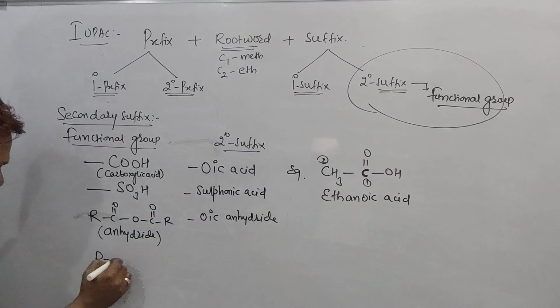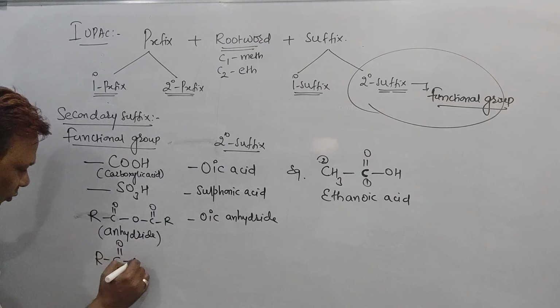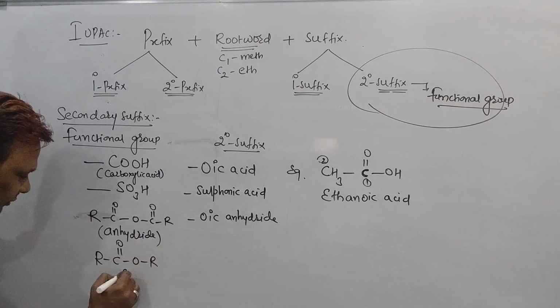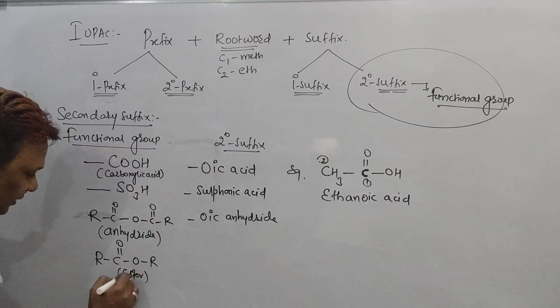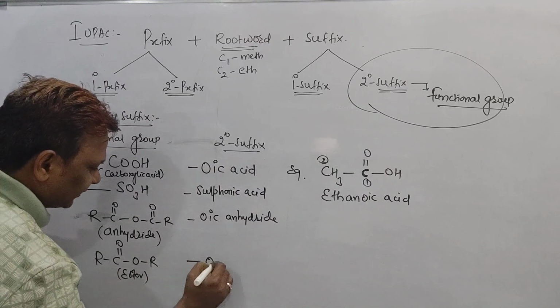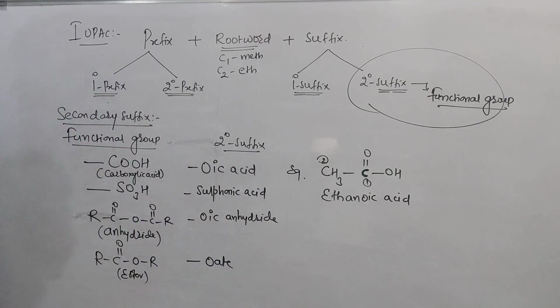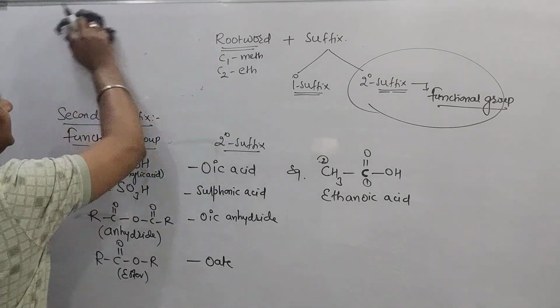Beta, one more is RC double bond O, OR. You know, this is called an ester. If an ester is there, the secondary suffix should be OATE. For an ester, beta, the secondary suffix should be OATE. Right? Now the space is not enough, so I will write on the other side also. Here, I will write on this side, beta.